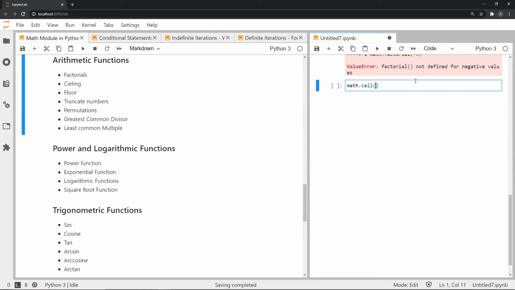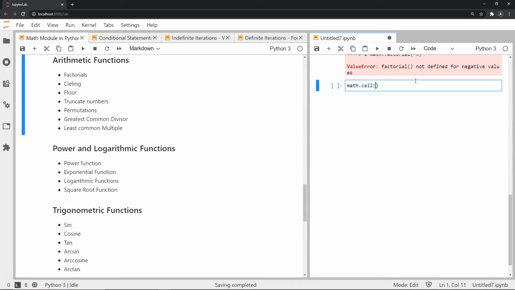For example, if I gave you 6.6 and asked what the ceiling is, it should give you 7, because 7 is the smallest integral value that is greater than 6.6. Obviously, if you give the ceiling function an integer, it will give you the integer itself.